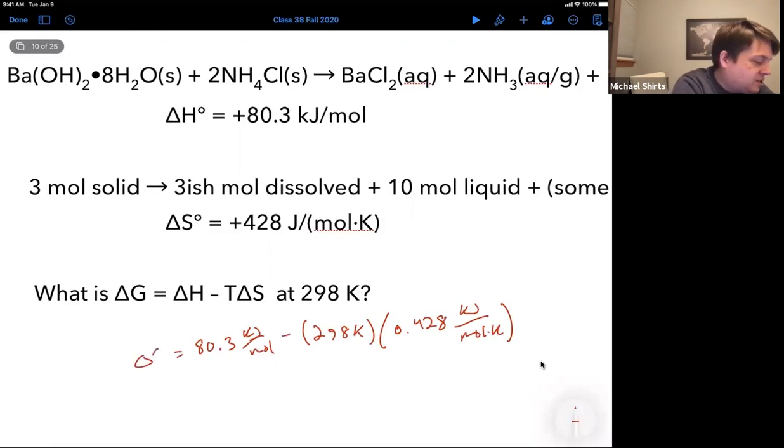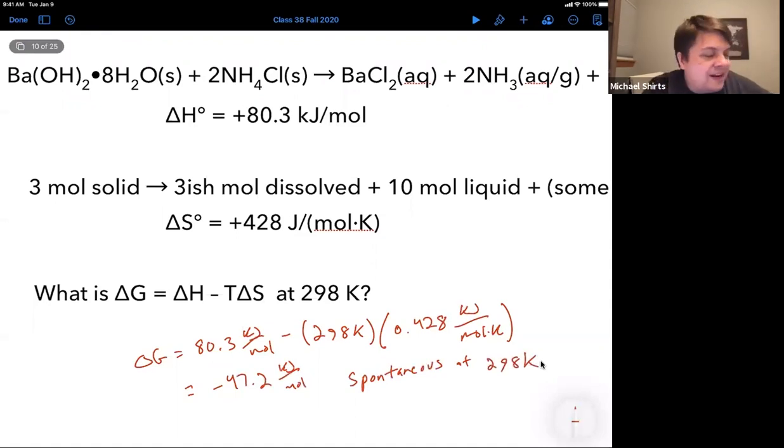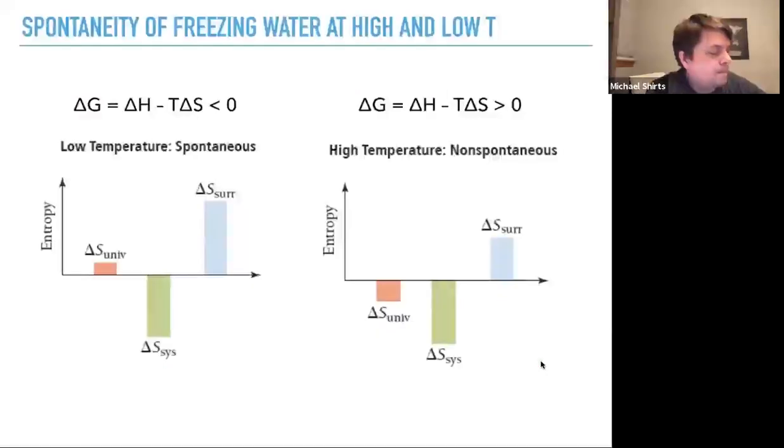That's our delta G, and when you plug everything in, you get minus 47.2 kilojoules per mole. So spontaneous at 298 K. That explains it. That's the balance of enthalpy and entropy.